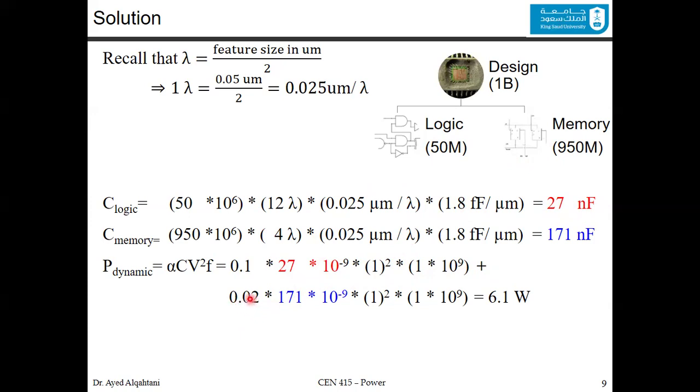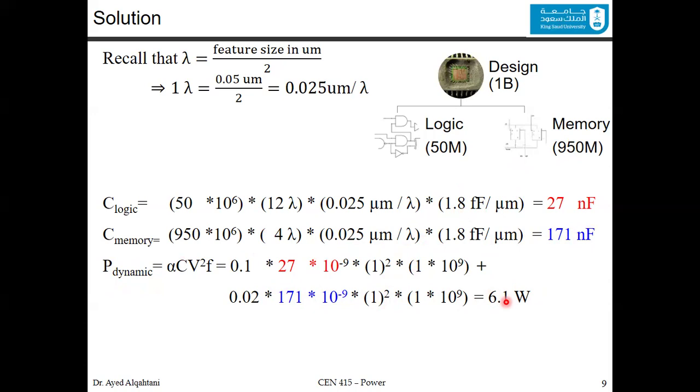So it's 0.02, which is the activity factor of the memory, times its capacitance, which is 171 nanofarad, times again the VDD squared times the frequency, which will end up with 6.1 watt. This is for the dynamic power, and this is reasonable because this is actually an old process.